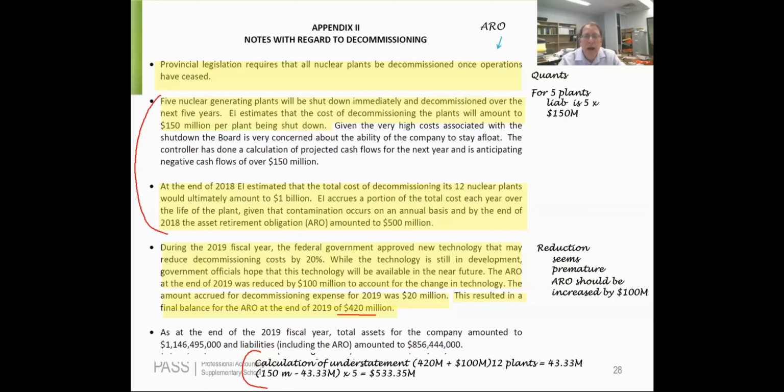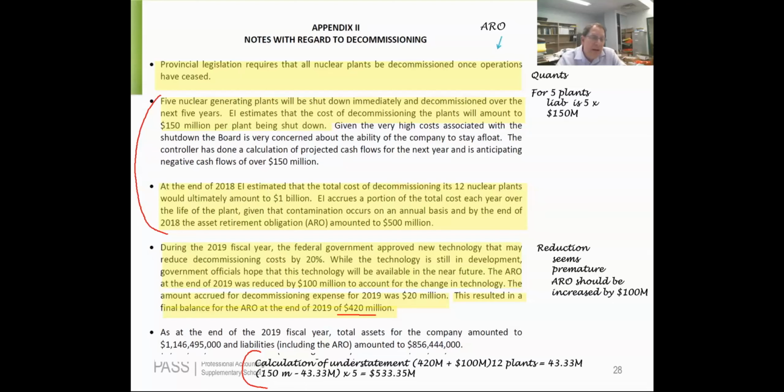So you are way too low here. Just the 5 plants you're closing down, you got 750. And what about the rest? So I did a calculation at the bottom. And it's not the only way to do a calculation. You can see the calculation. It's showing that, yeah, I'm way low here.